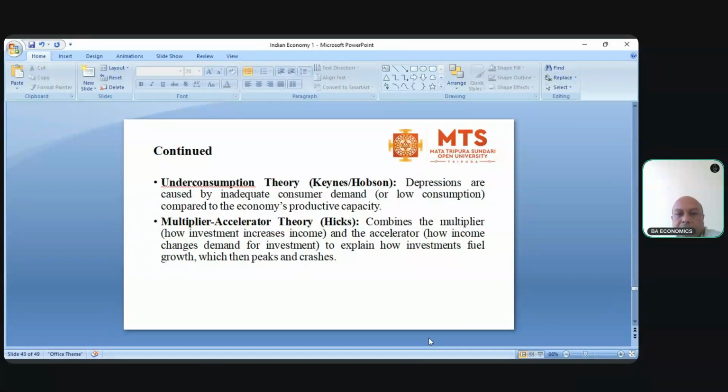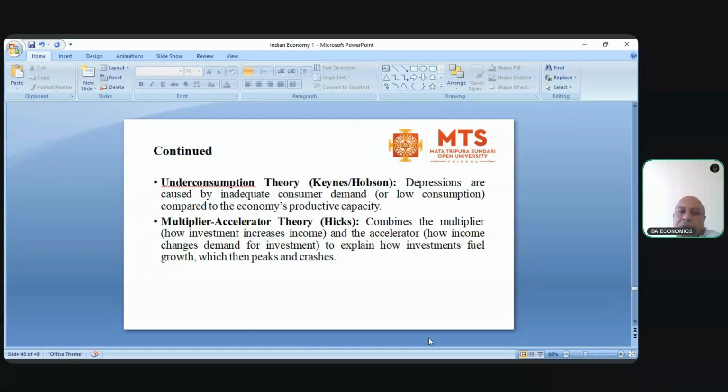Next, under-consumption theory. This theory was introduced by Keynes, and it said that in the trade cycle, depression basically happens due to lack of demand for commodities. So this theory is based on effective demand. When demand for commodities declines, people are not purchasing products.